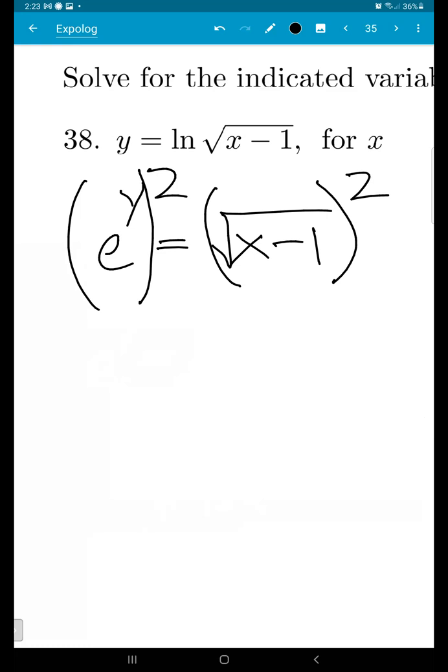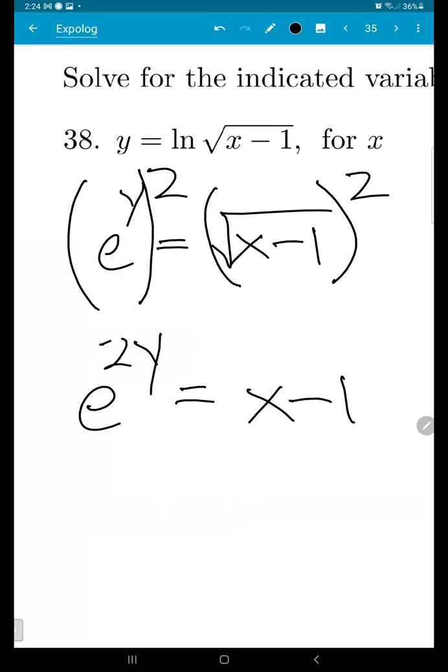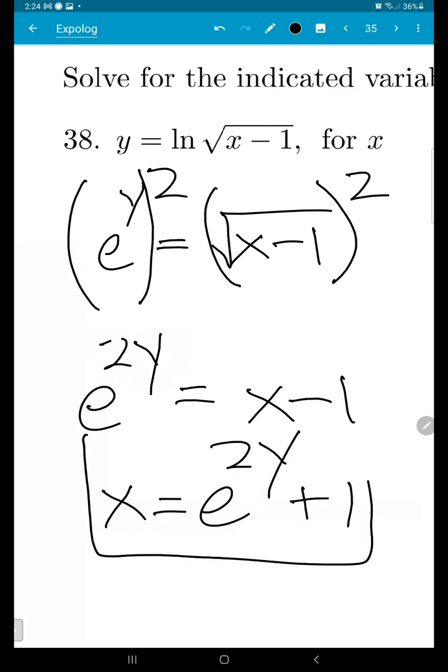And then for the left-hand side, we apply the laws of exponents. We multiply y times 2 or 2 times y. That's 2y. And then see that x is now finally solved. x equals e to the 2y plus 1.